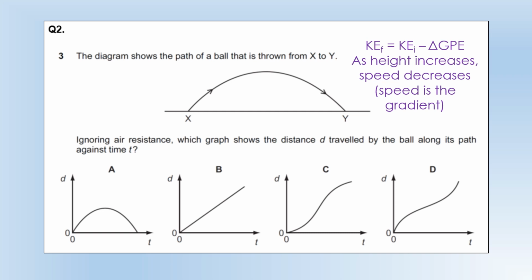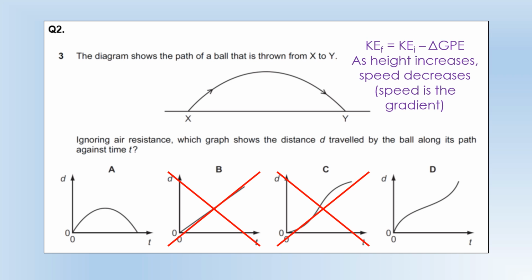While it's going upward, or its height is increasing, the speed must decrease because essentially we must be transferring kinetic energy into gravitational potential energy. So we'd see the gradient decreasing as speed decreases.